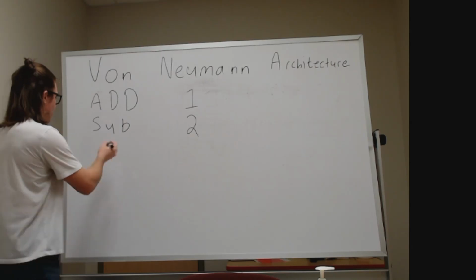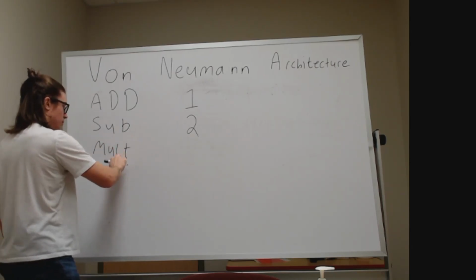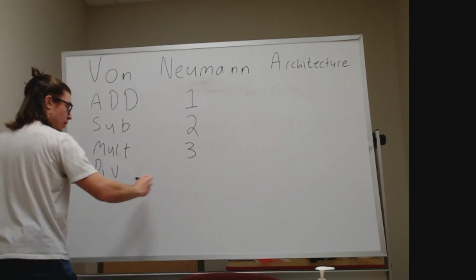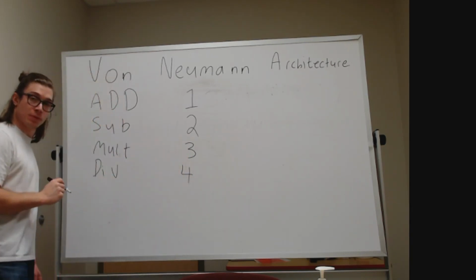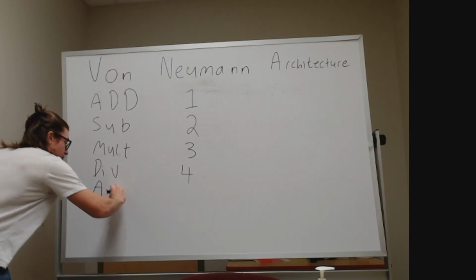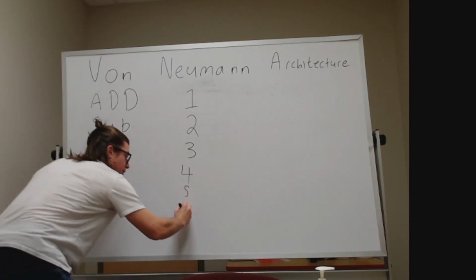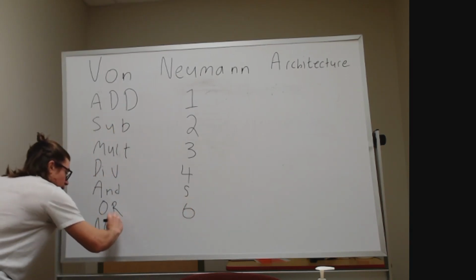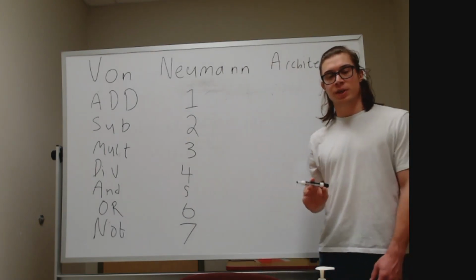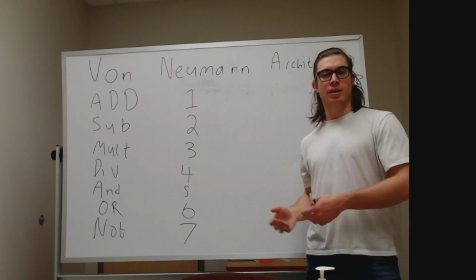And then we're going to say let multiplication be 3, and let division be 4, okay? And then we're going to say let AND be 5, OR be 6, and NOT be 7, okay? And we're going to have a lot more codes than this, but we're just getting behind the idea of how we design this circuitry.